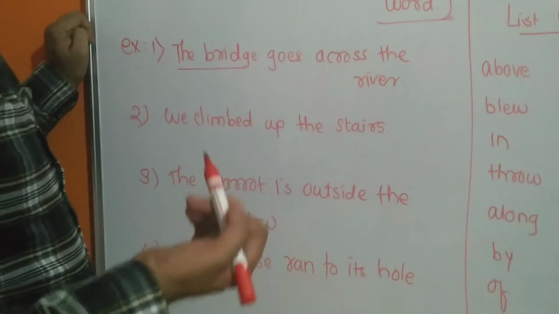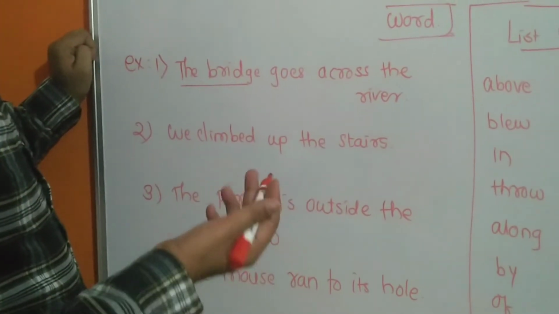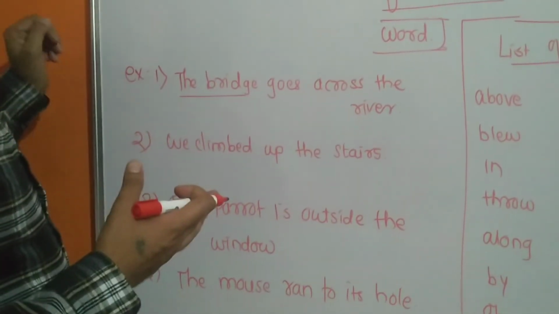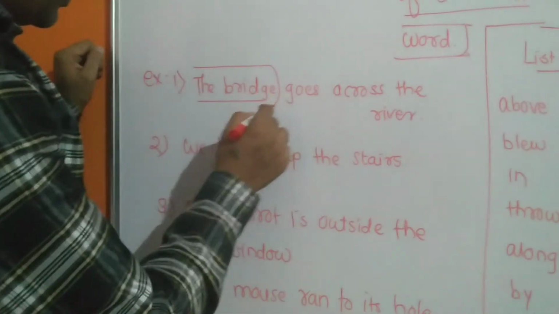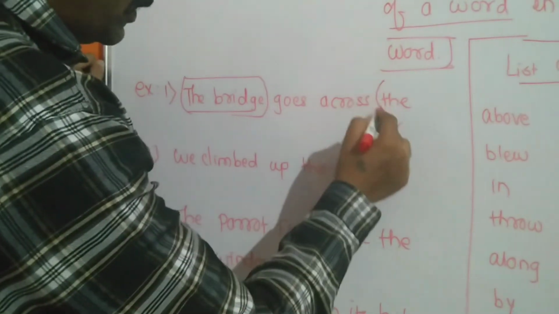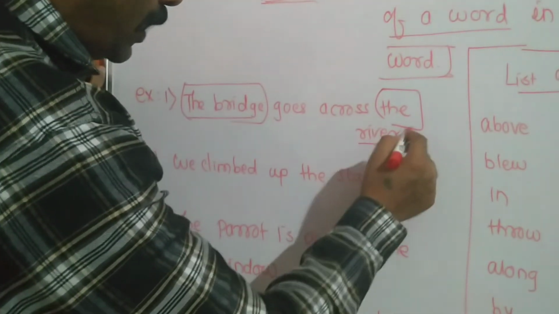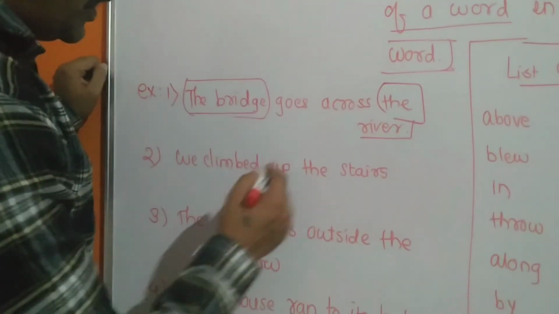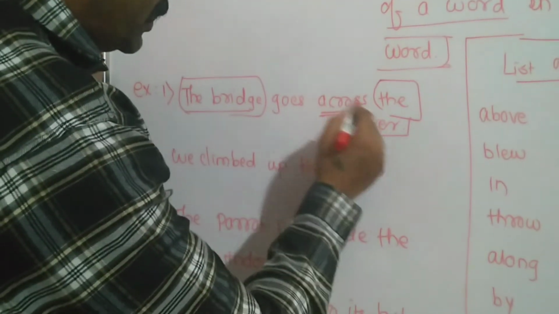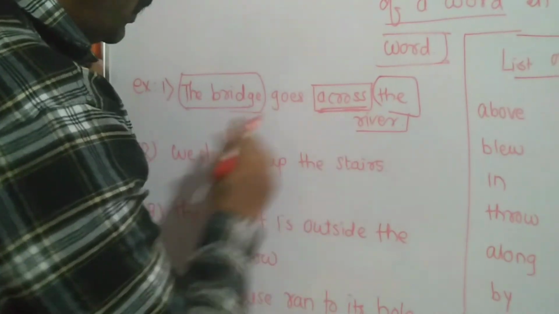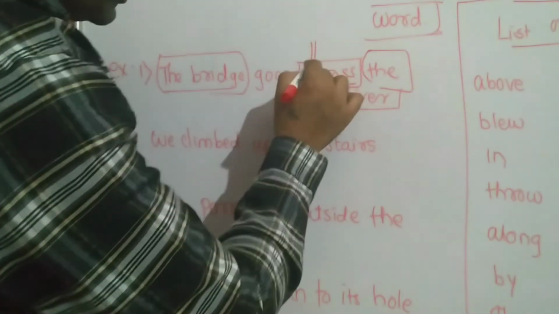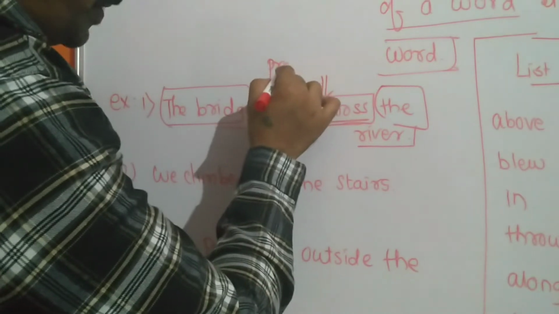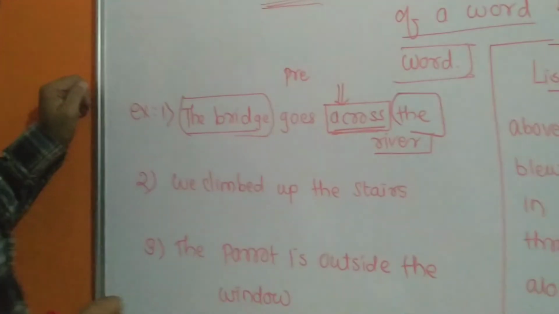There are two words here which indicate the relationship between the bridge and the river. So here we use the word across. The bridge goes across the river. So across is a preposition in this sentence.